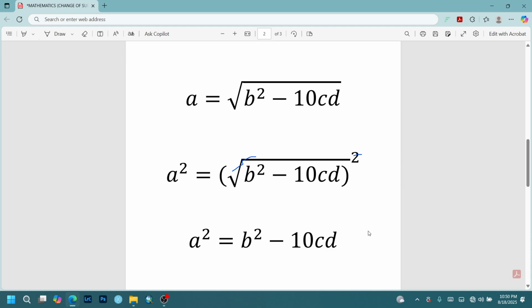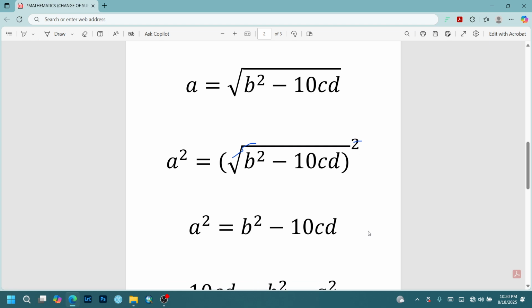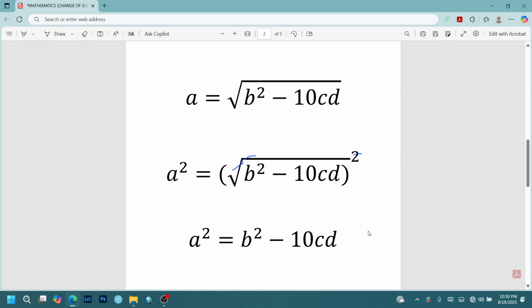We are asked to make C the subject of the relation, so we have to make C independent. C is not independent; C is dependent on negative 10D.